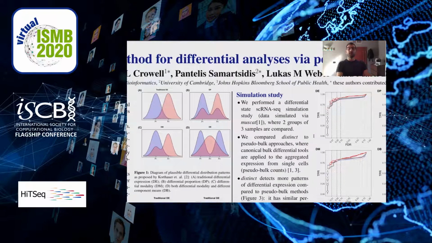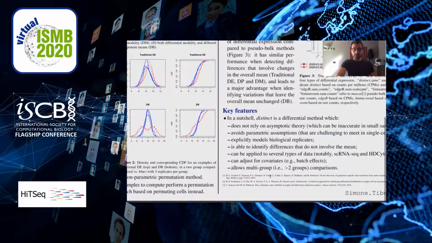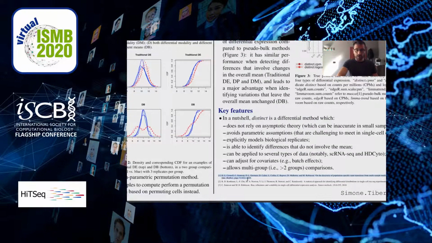We then compare distinct to some pseudo-bulk approaches, which are just bulk approaches applied to aggregated pseudo-bulk counts, because they perform the best in this preprint from Helena Crowell.